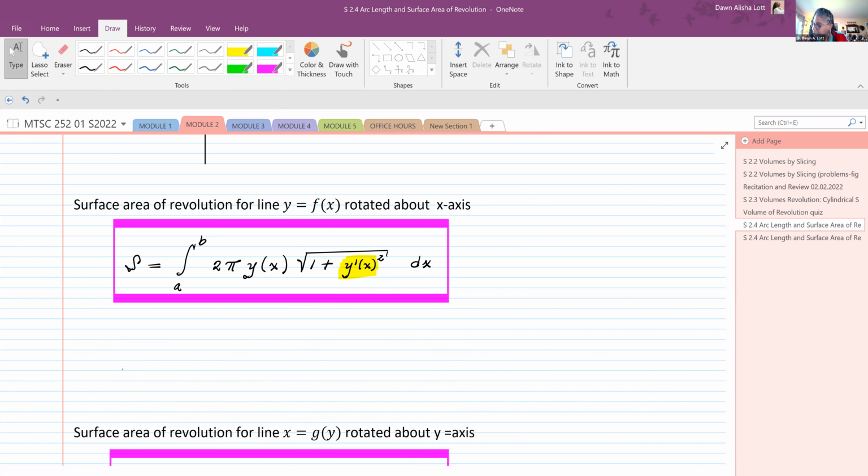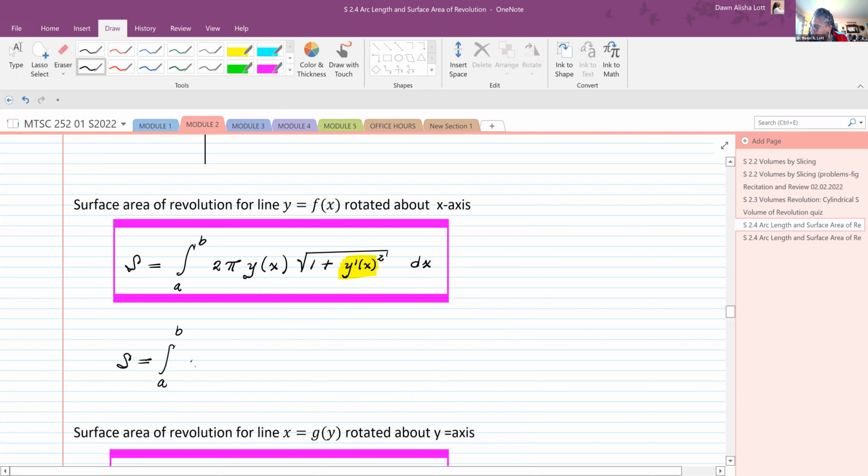So if I write S is equal to the integral from A to B of 2 pi, this is y of x, and then I write in here the square root of what we did before, 1 plus dy dx, the same thing, squared, dx.